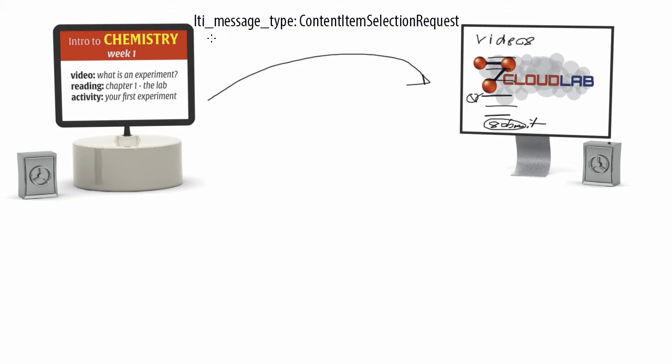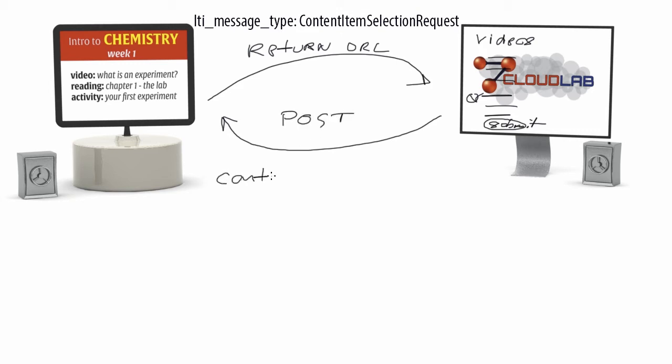then on the launch there is also a return URL that's passed, and when I press submit, I'm actually returning back to the tool consumer UI using the return URL. But this return URL is a post, and in that post I include a content item description, which is actually a JSON string that describes the item I intend to return, and the specification defines the format of the content item.